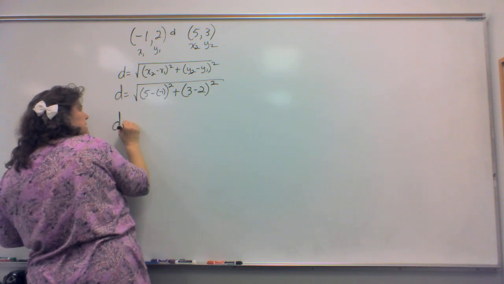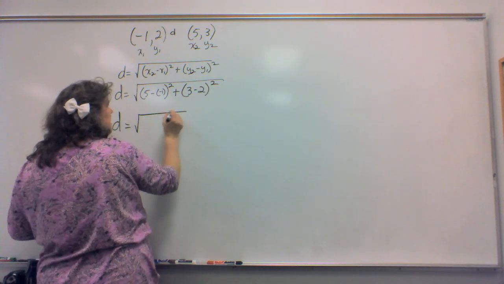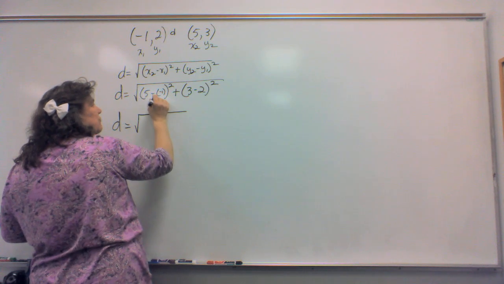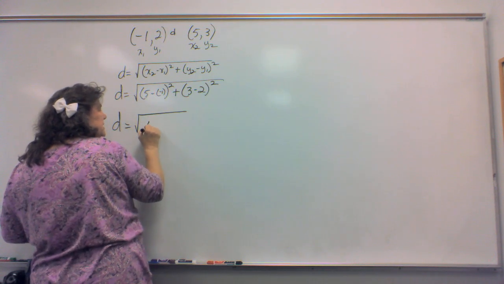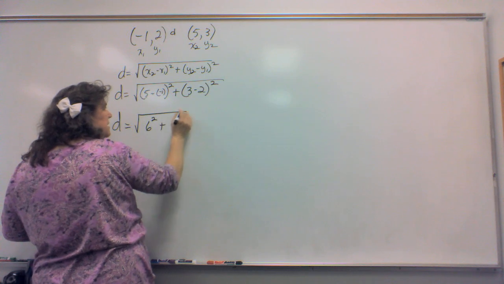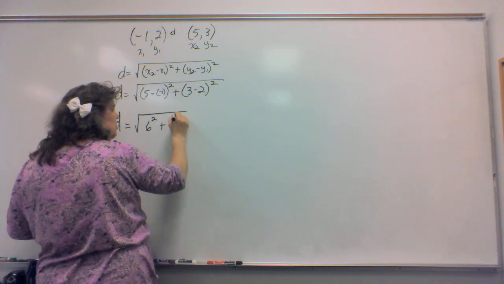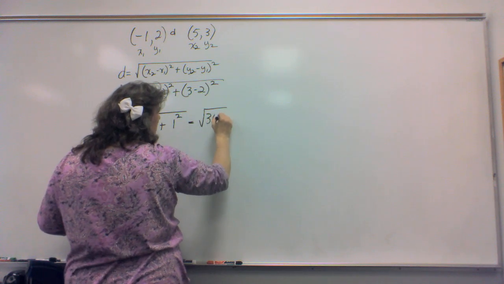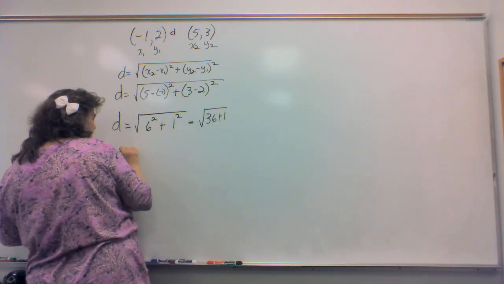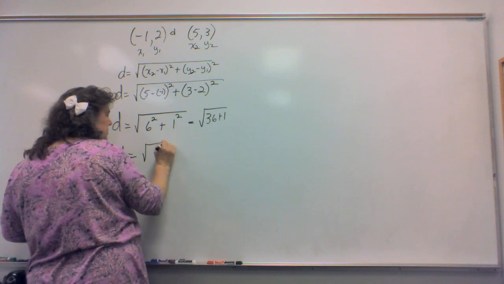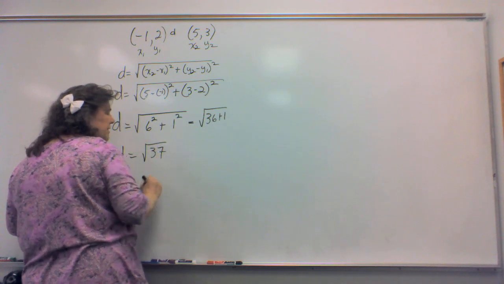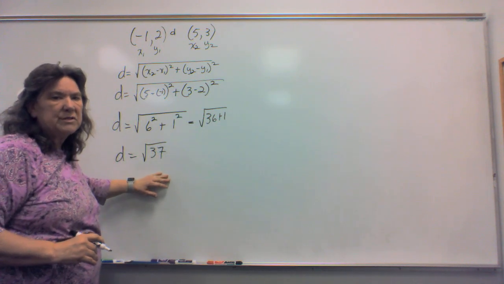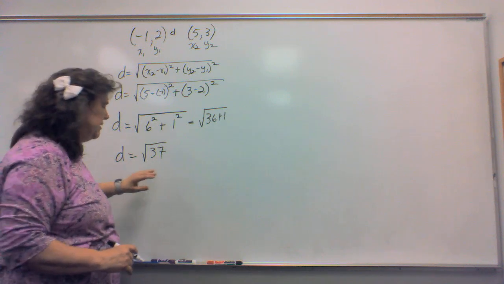Okay, so my d is equal to my square root of 5 minus -1 is 5 plus 1, so this is 6 squared, plus 3 minus 2 is 1, so 1 squared. This is equal to the square root of 36 plus 1, giving you distance is equal to the square root of 37. And that doesn't simplify anymore, so it's the square root of 37.